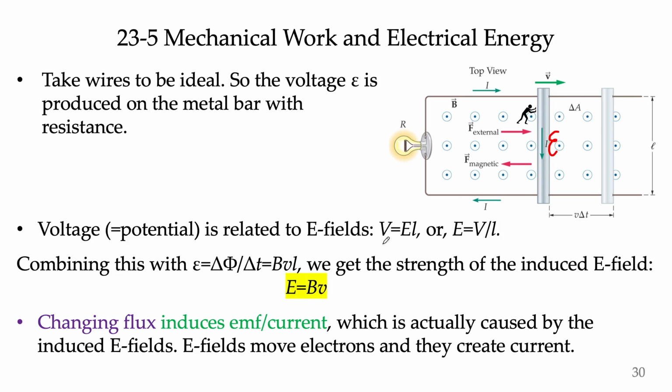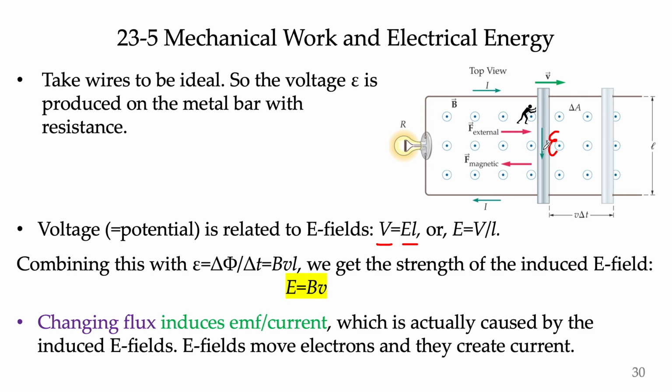We learned in the previous lectures that we can relate the voltage to the electric field. If there's a voltage difference, then that always means there is an electric field. In fact, what moves the electrons in the wire, what creates the electric current, is the electric field in the wire.